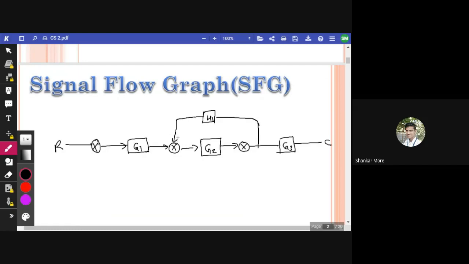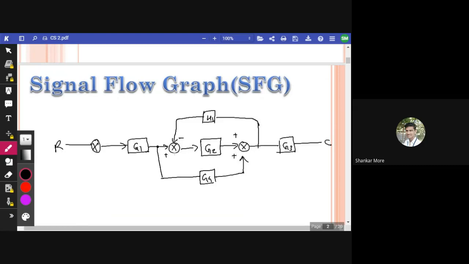The sign doesn't matter. Sign can be anything. Or let us suppose minus here. Now, the next feedback we have is a takeoff point here, and this is another block, G4, which is going here. It is plus, plus plus.